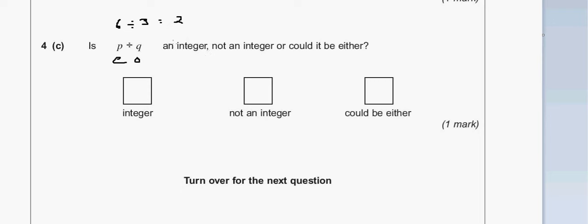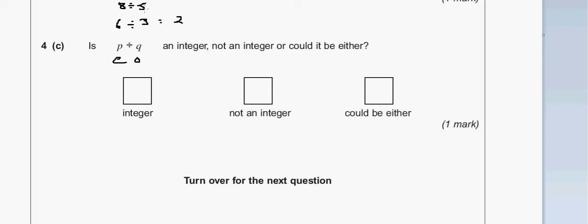But will it work all the time? So if we had 8 divided by 5, I know that that won't give me a whole number, okay? It'll give me 1.6 or something along those lines.